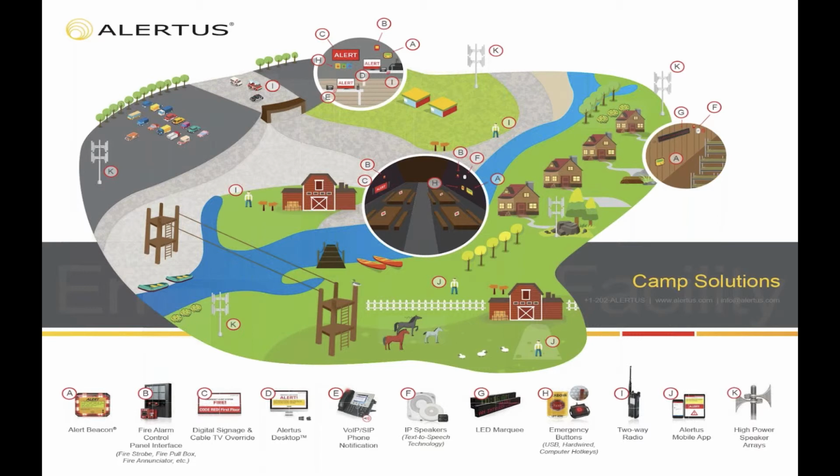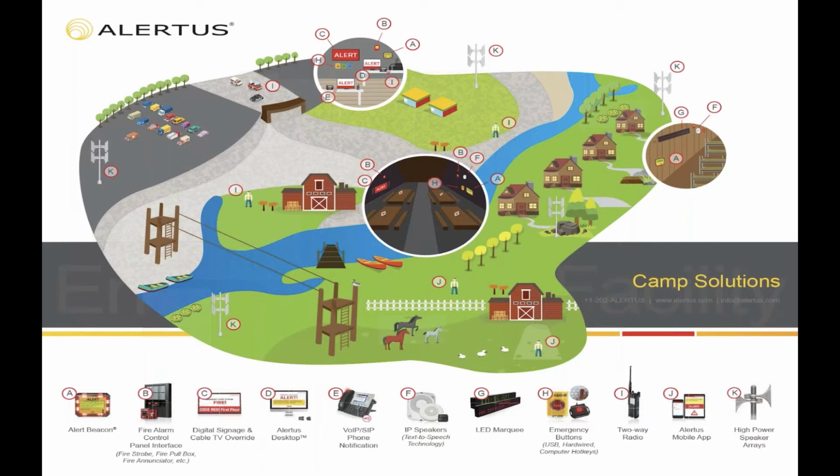So it really depends on the dynamic that we're dealing with, the topography of your campground, whether there's a lot of hills, trees, or if you're situated in a valley where noise will carry a little farther. But typically the high-powered speaker array can reach right around 1 mile with tone and a little over a couple hundred yards with clear voice.